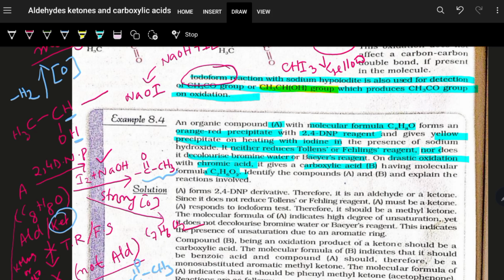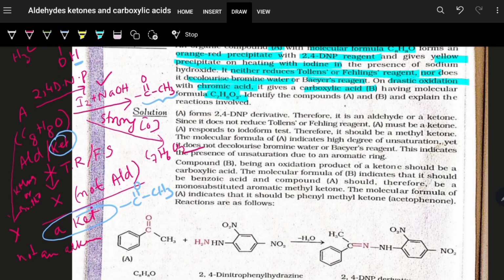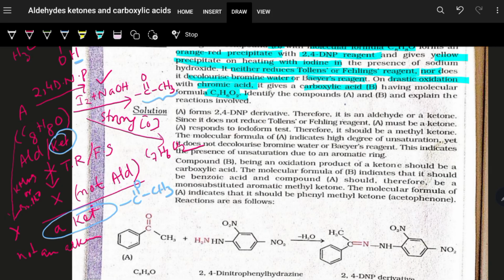C7H6O2. Now you identify. First and foremost, the molecular formula is C8H8O. When you remove C double bonded O CH3 from here, you are removing 2 carbon, so from C8 you are left with C6.